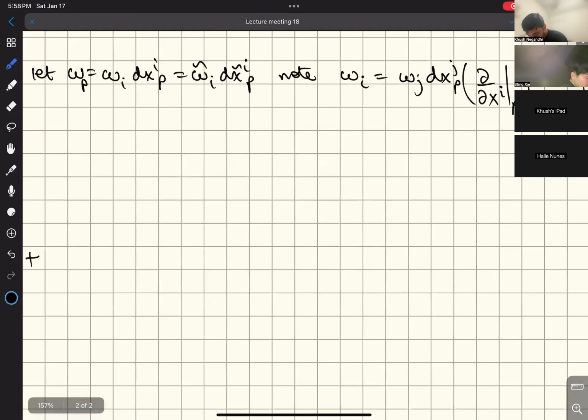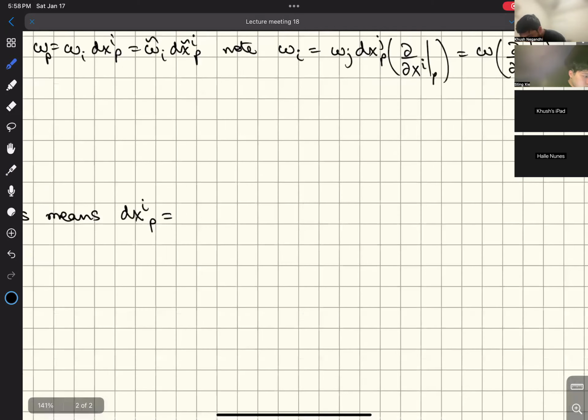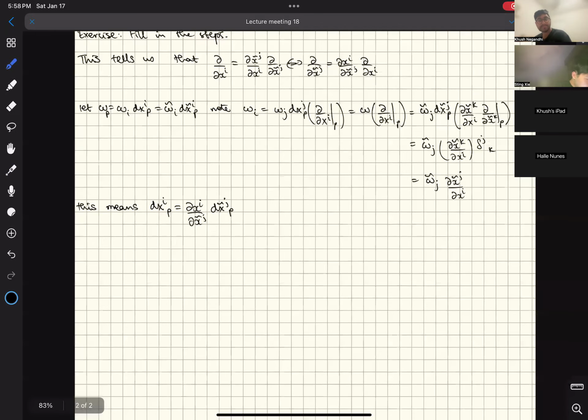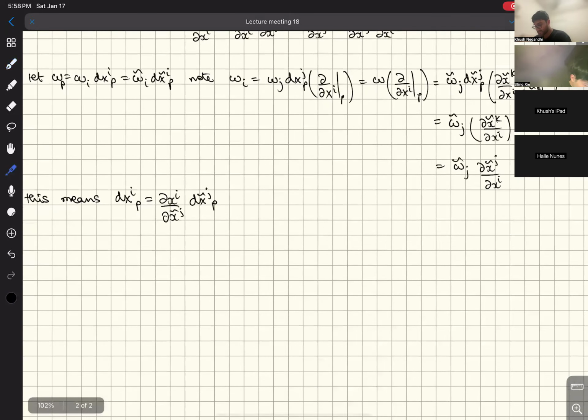So this means that dxi at p is nothing but partial xi partial xj dx tilde j at p. Okay. And that just comes out directly.